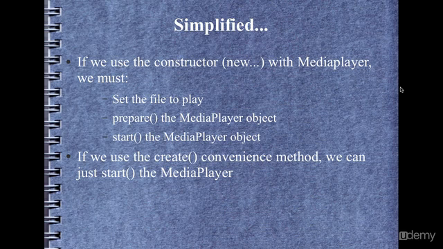So if we use create, it puts us in the prepared state, and in the prepared state we can call start. So that's very much the simplest way, is to use this convenient method create. Sometimes it's not possible. Sometimes we have to go through the steps, but other times we can just call the create convenience method and then just start the media player.